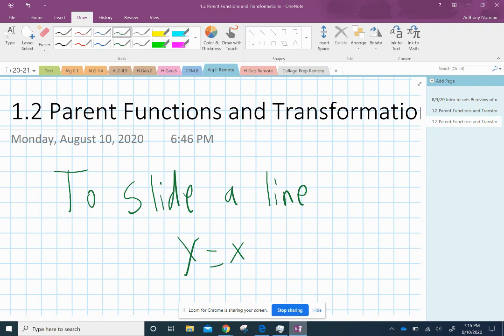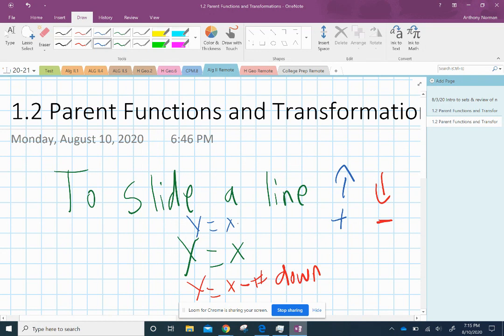Up will be blue. We add. Down will be red. We subtract. So y equals x minus a number goes down, and y equals x plus a number goes up.